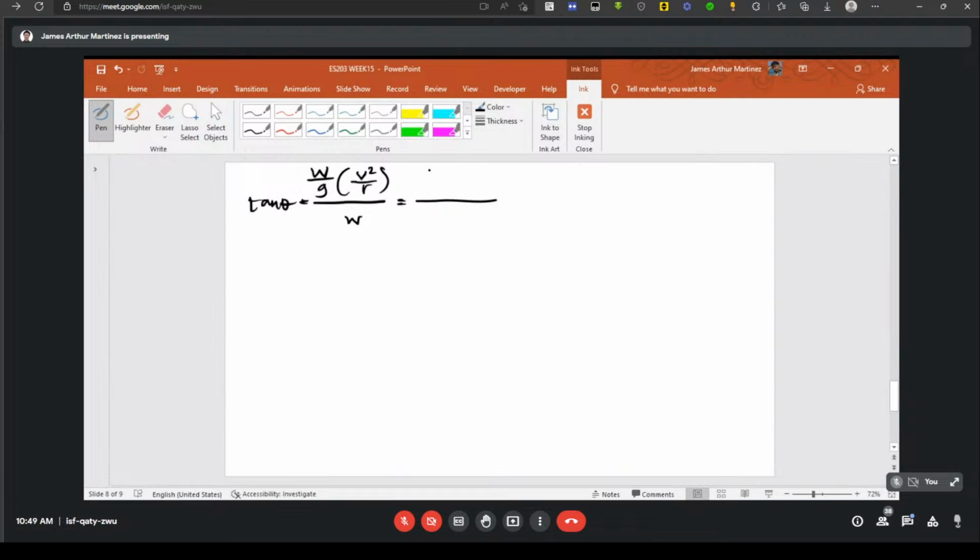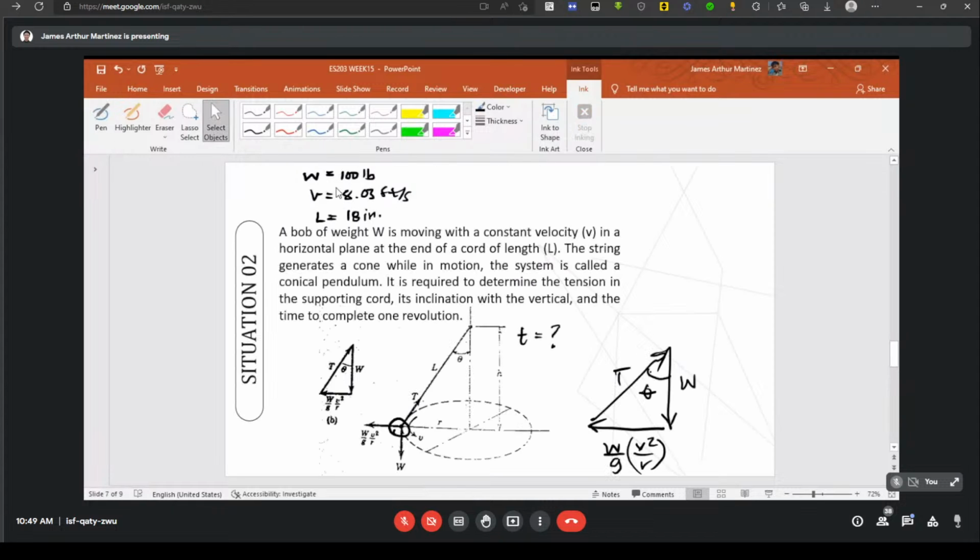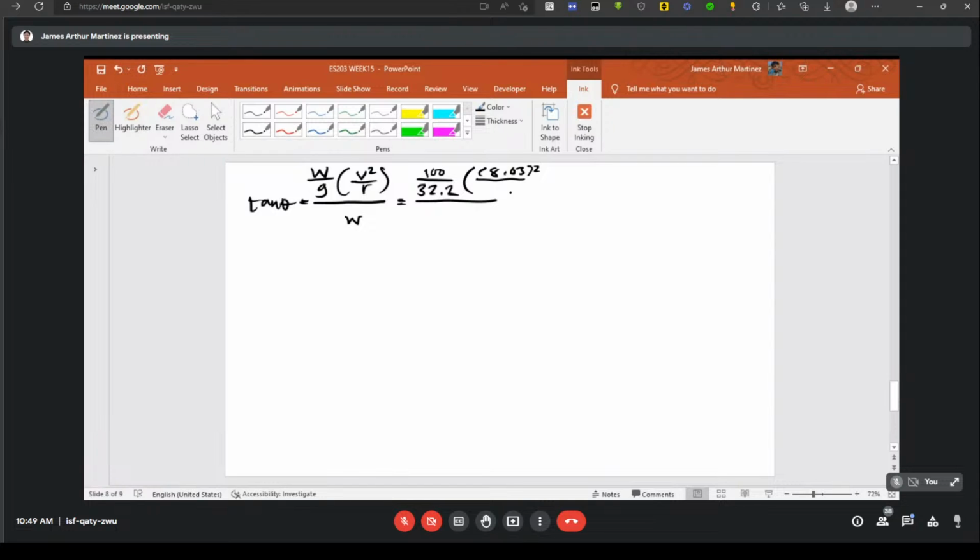Supplying the data to our equation, you have W equal to 100. Then gravity, 32.2, since we are still in the English system, and velocity is 8.03 squared. Divide by radius.